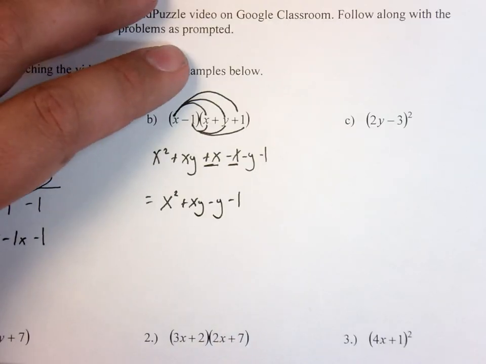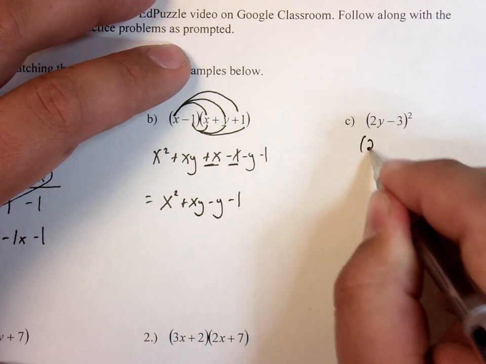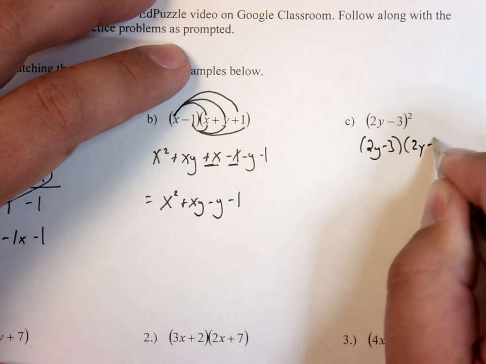And the last one, we have 2y minus 3 quantity squared. So remember, this is the same thing as 2y minus 3 times 2y minus 3.